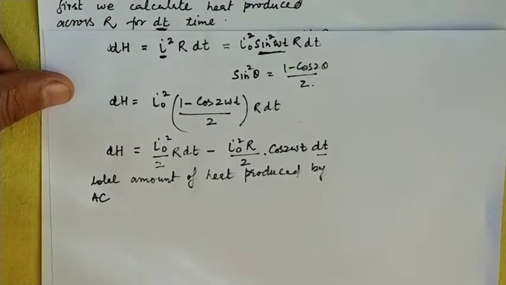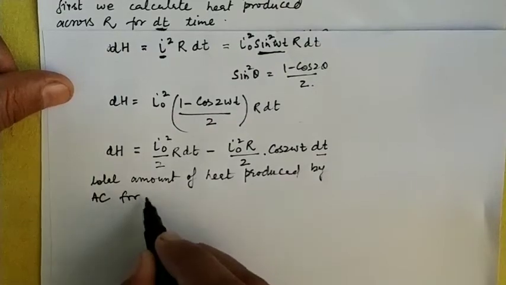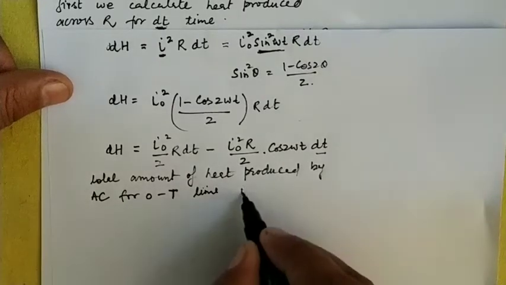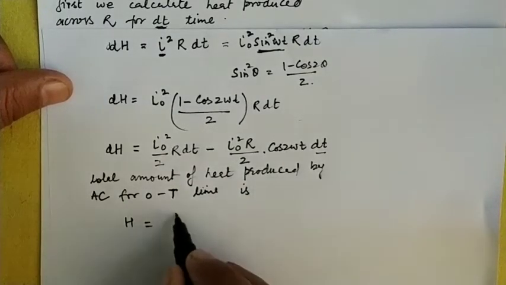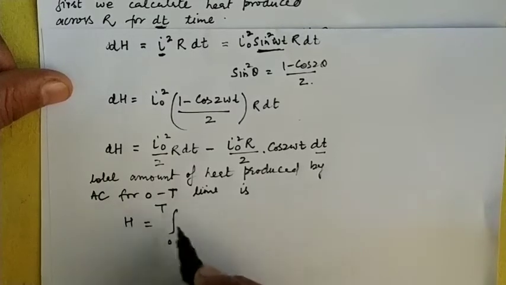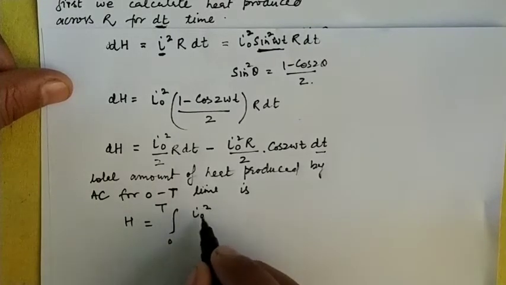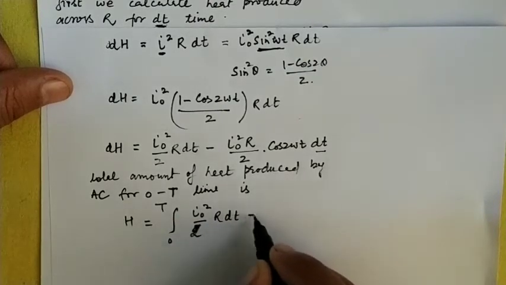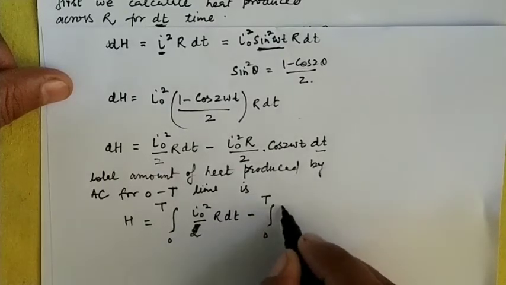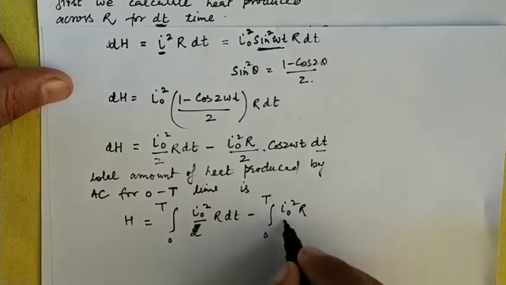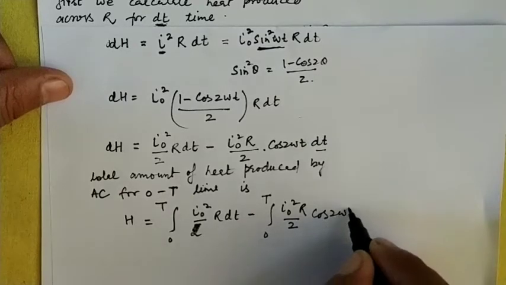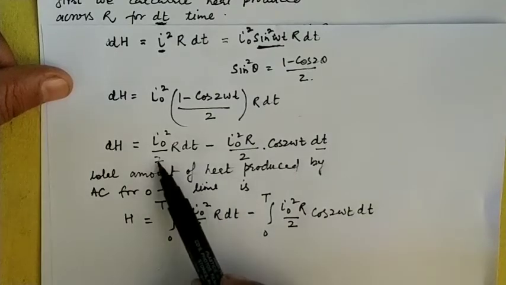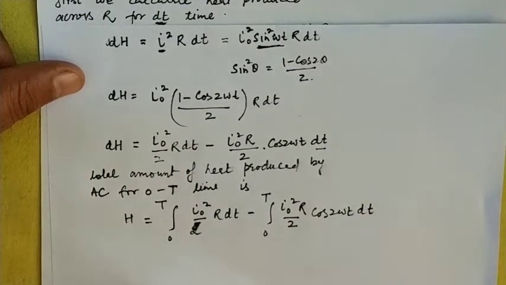Now the total amount of heat produced by AC for 0 to T time is, so we just integrate the above equation from 0 to T: I naught square divided by 2 R dt minus the integral from 0 to T of I naught square R divided by 2 cos of 2 omega t into dt. Since there is a minus sign in between, I can take the integrals separately.